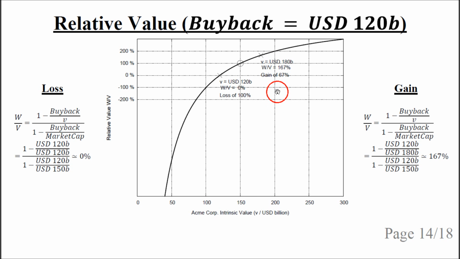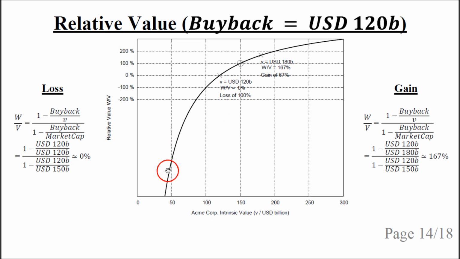So if the intrinsic value is 20% above the market cap, which is $180 billion, then the buyback would give a gain to shareholders of 67%. If the intrinsic value is really 20% less than the market cap, that is, the intrinsic value is $120 billion, which is all of the buyback amount, then the loss is 100%.